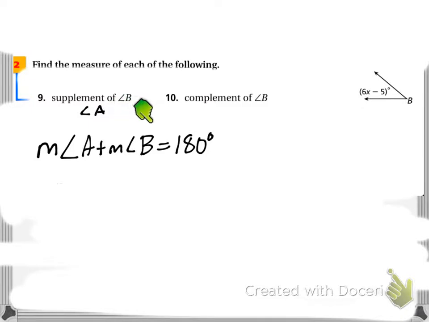That is the definition of two angles being supplementary. So we write down what we know. Then we can just use substitution.